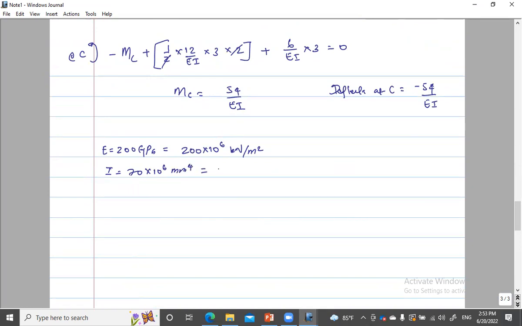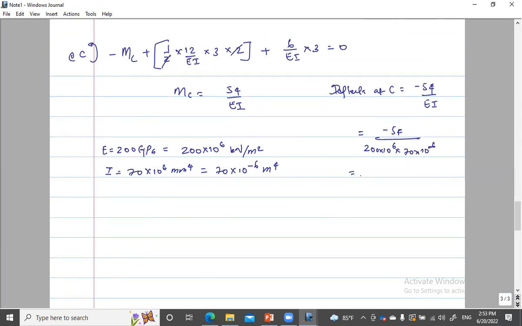So that is 70 into 10 to the minus 6 meter to the 4. So if I substitute the values, minus 54 over E is 200 into 10 to the 6, I is 70 into 10 to the minus 6.